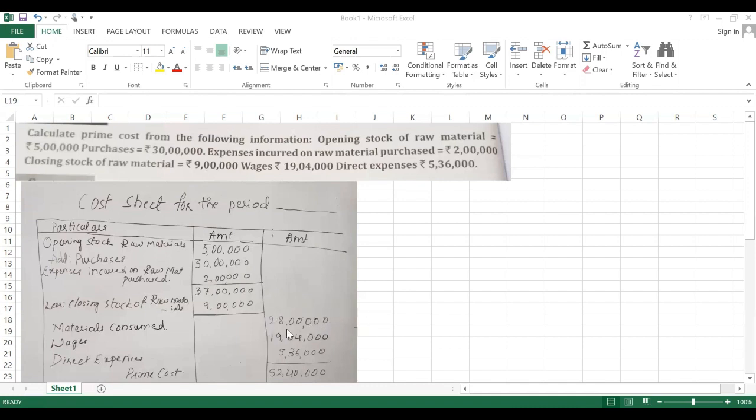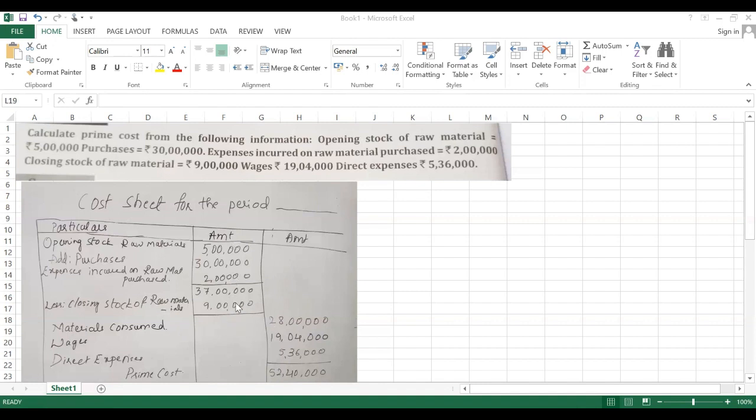your material consumed. See, instead of all these details, opening, purchases, closing, if they have mentioned direct materials, 28 lakhs, then instead of calculating these things, you'll directly consider direct materials or material consumed as 28 lakhs.